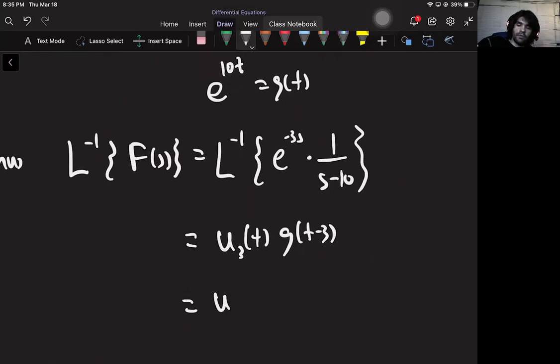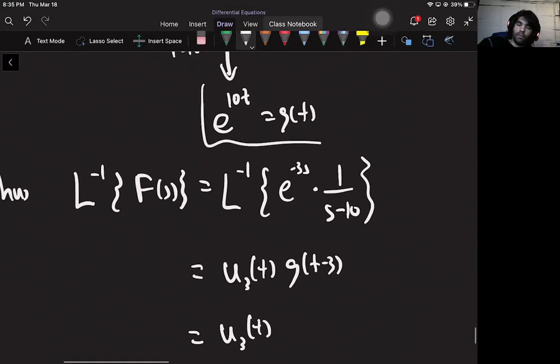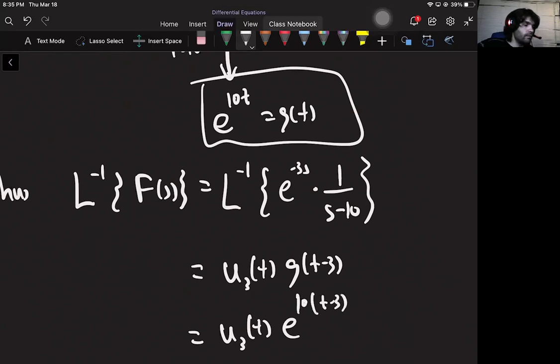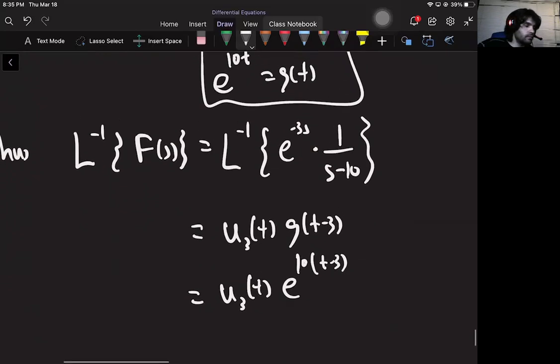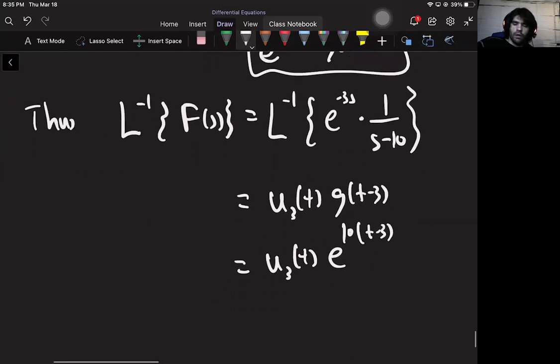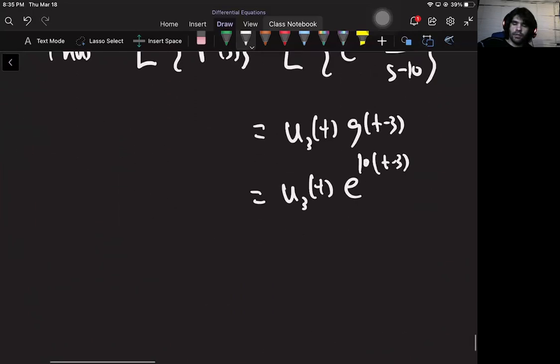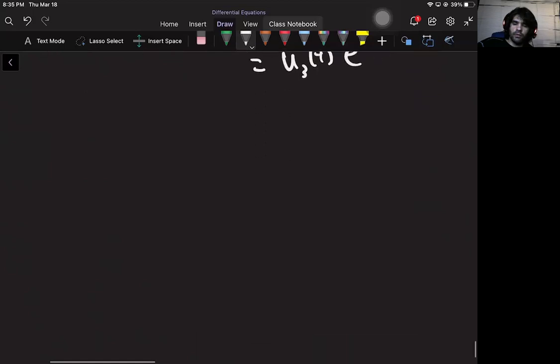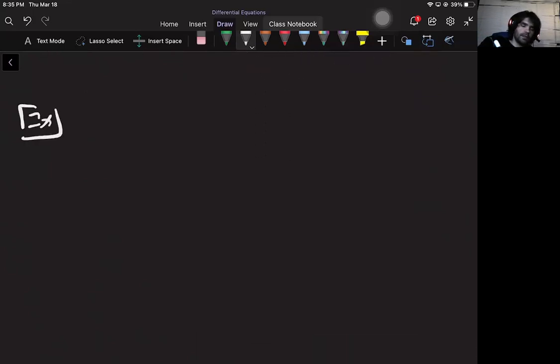So now all I have to do is take g, which I just figured out, and plug in t minus 3. And that's the answer. Okay, so I think we can streamline this process a lot more. It got a little circular there, and I think made it a bit more confusing. This next example will help a bit.